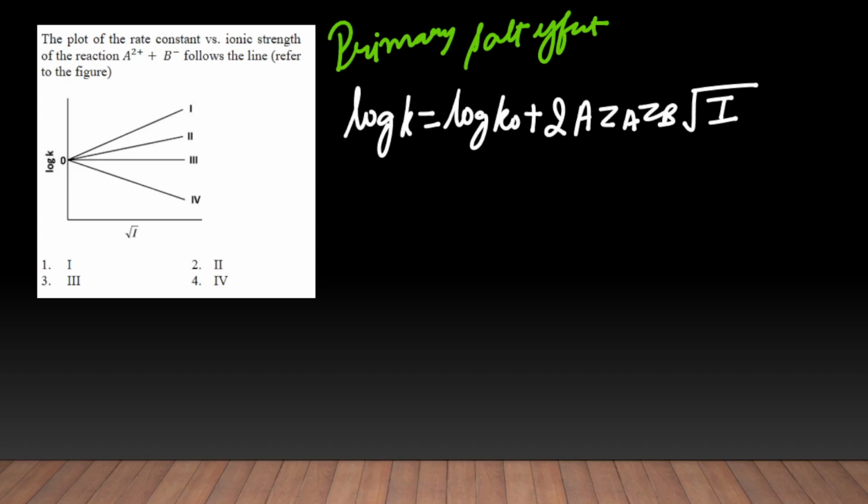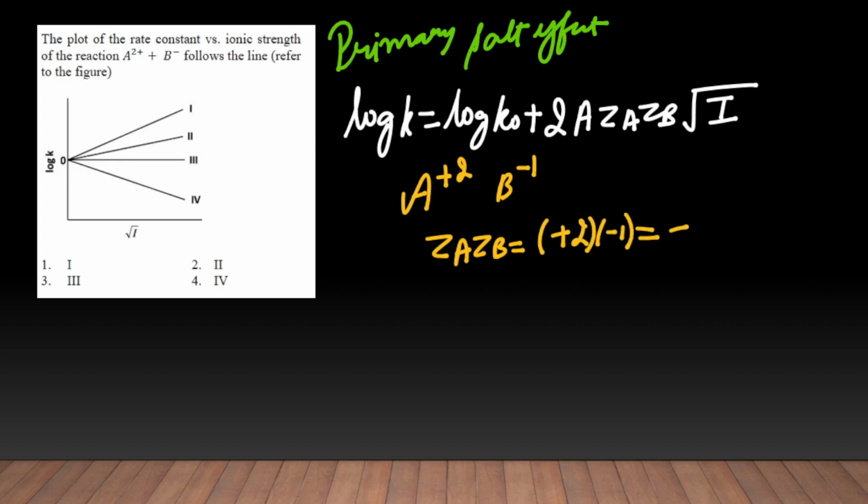Right? So now the ions which are present are A plus 2 and B minus 1, which means the ZA into ZB term will be plus 2 and minus 1, which comes out to be minus 2. So this is a negative value.